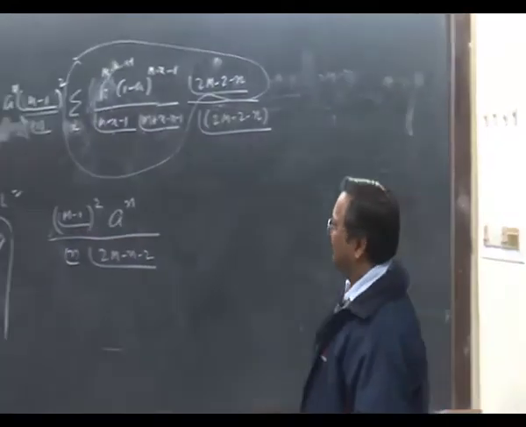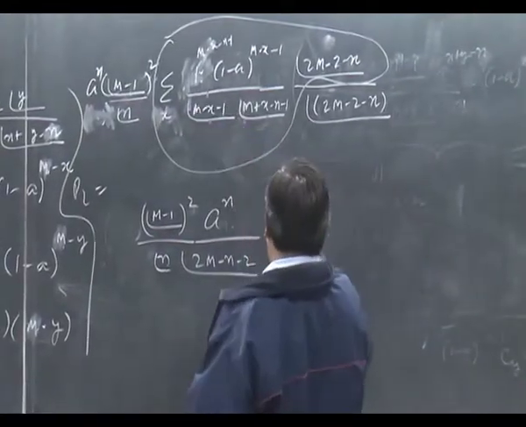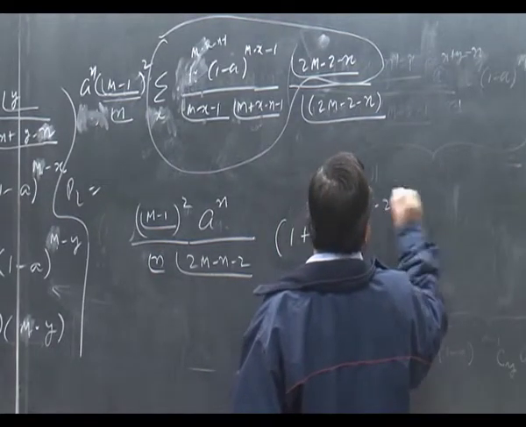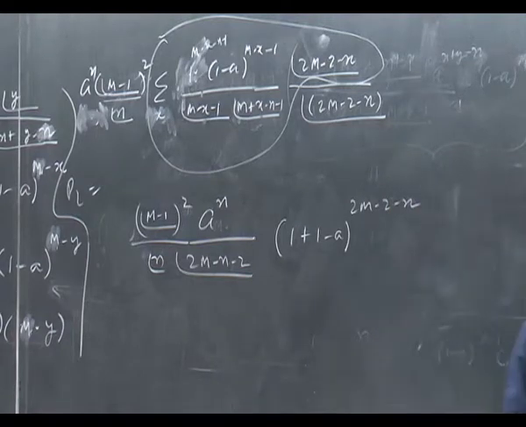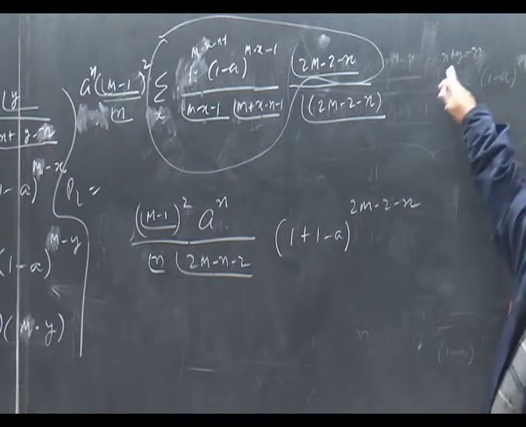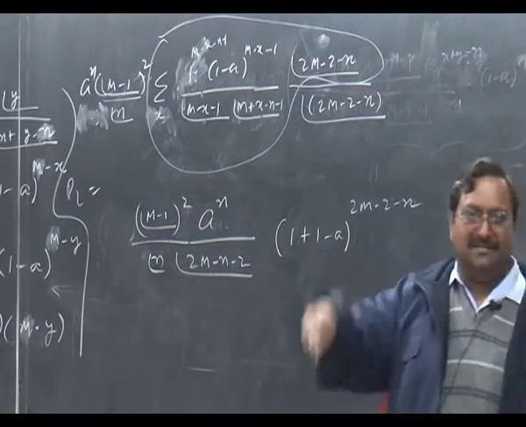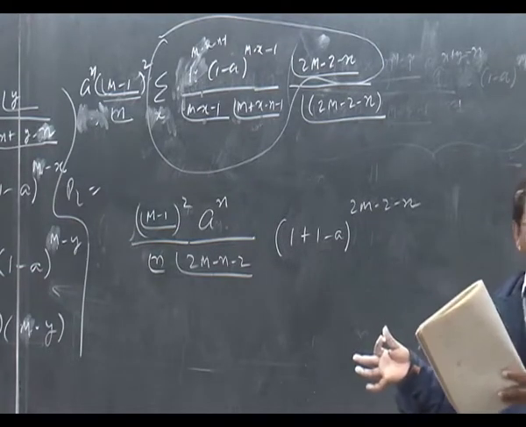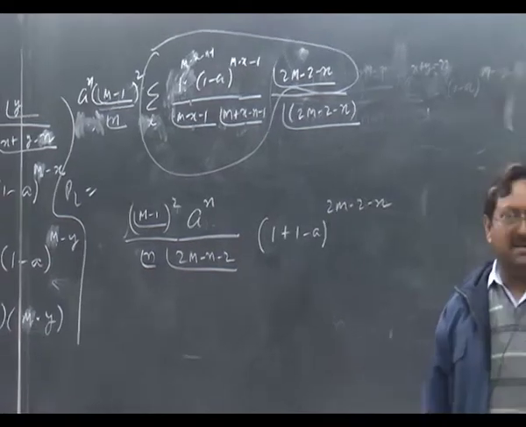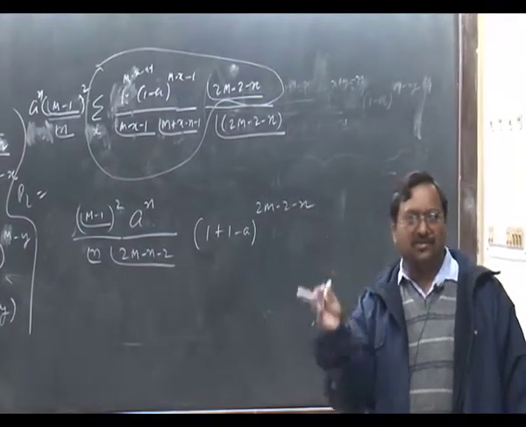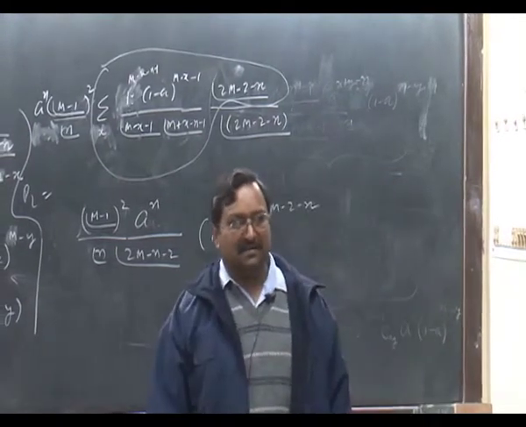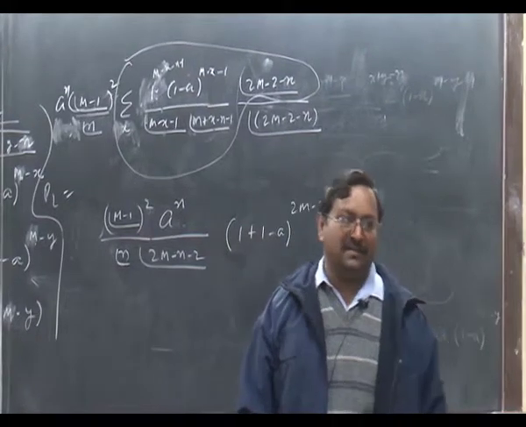So once I do it, it is 1 plus 1 minus a, a raised power n, because we had minus n used here earlier in the previous step. In the summation where we did summation over y, we have moved it inside. A raised power minus n was required, so we created a raised power n here. A raised power x was moved inside there, so that you can have a raised power x plus y minus n.